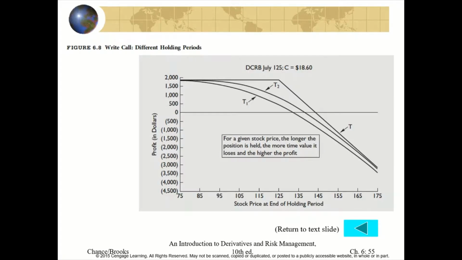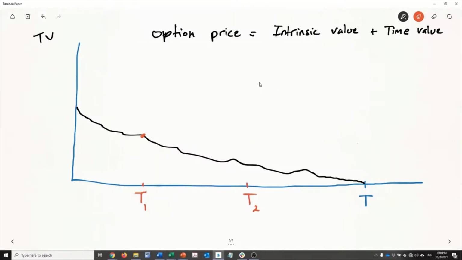which means I'm going to exit from this position. If I want to take an offsetting position, I'm going to buy. And when I'm going to buy, I'm going to pay more time value, assuming again intrinsic value is fixed, assuming the stock price is constant, it's not going to change.